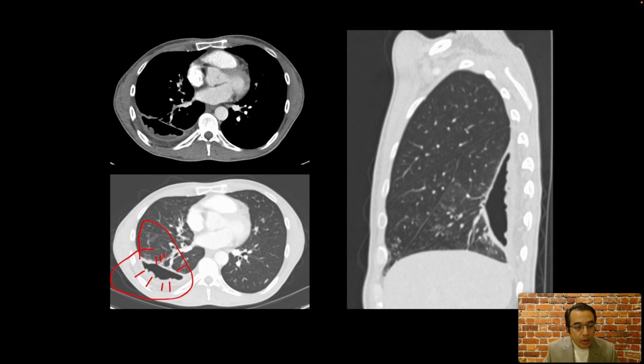And so this finding is consistent with the bronchopleural fistula. And even if this loculated pneumothorax is drained, it cannot resolve unless the bronchopleural fistula is treated, because air will leak through this airway into the pleural space, and so the treatment of this condition is surgical.